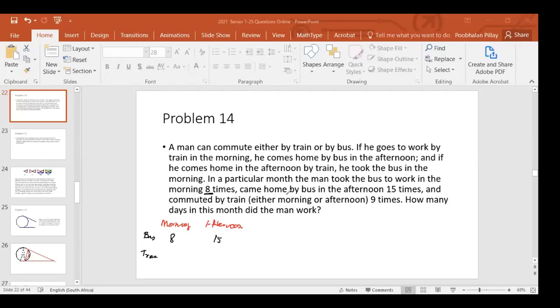Now, they say he came home by bus and commuted by train 9 times altogether. But they don't tell you how many times he took the train in the morning and how many times in the afternoon. But we say, suppose he took it X times in the morning, then he would have taken it 9 minus X times in the afternoon, because altogether he commuted by train, morning and afternoon, 9 times. So all the pieces of information have been put together here.